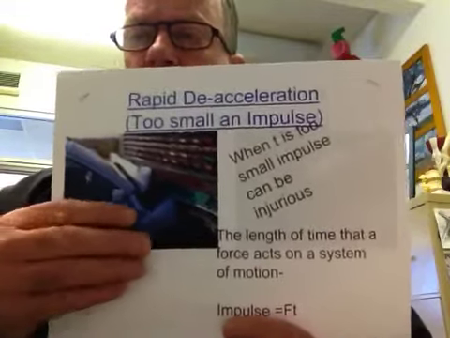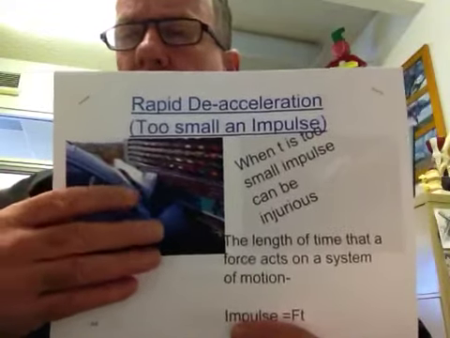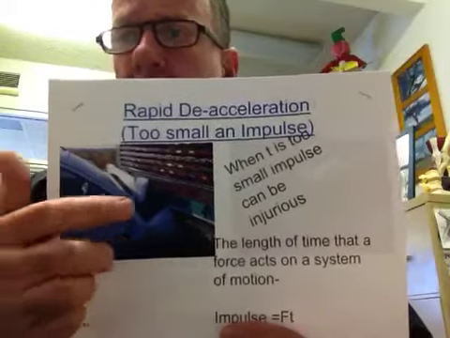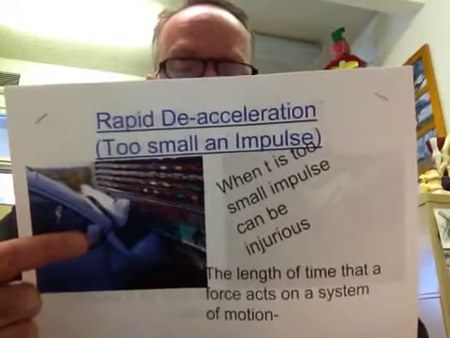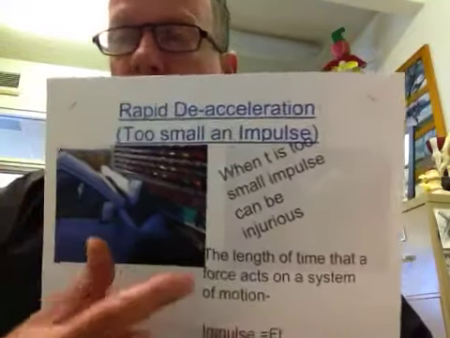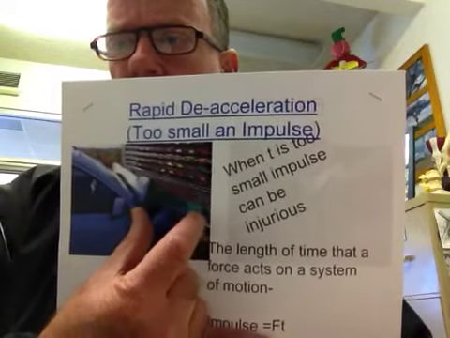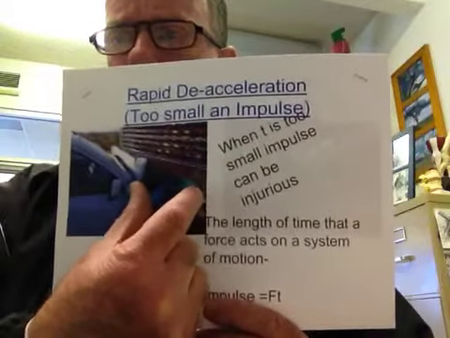In regards to a rapid deceleration injury, accident, could be body. In this particular case, it's a car that rear-ends the fixed bumper of a bus, and what happens is the time over which force is applied.